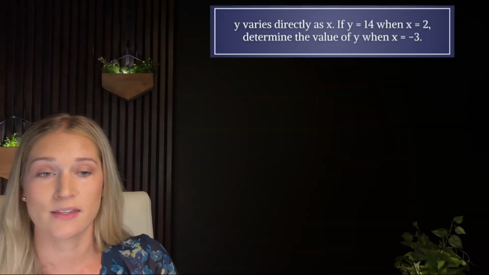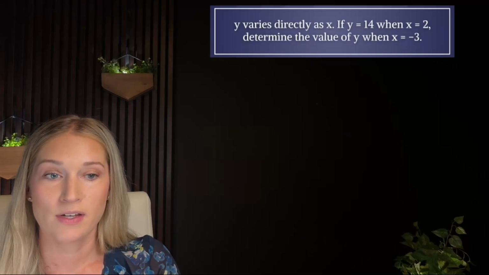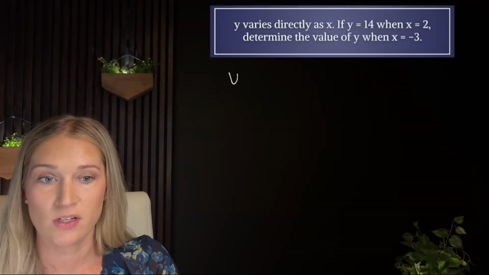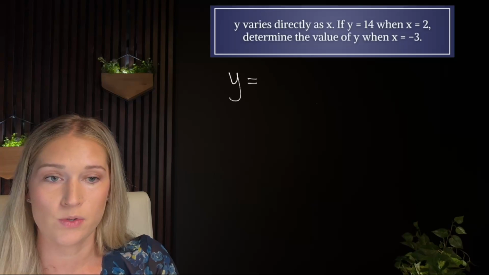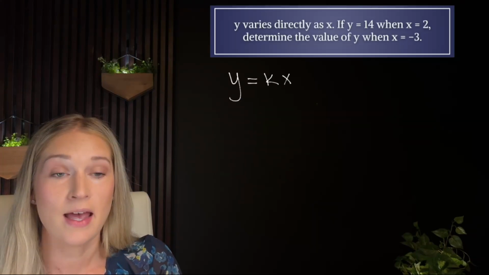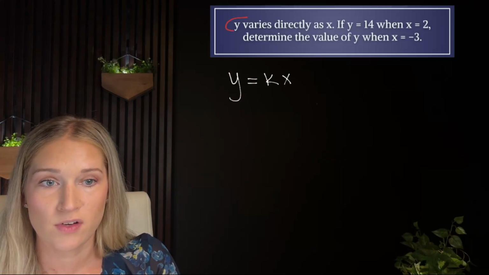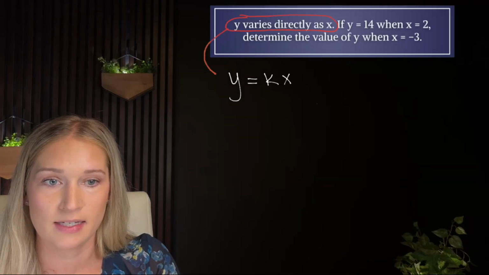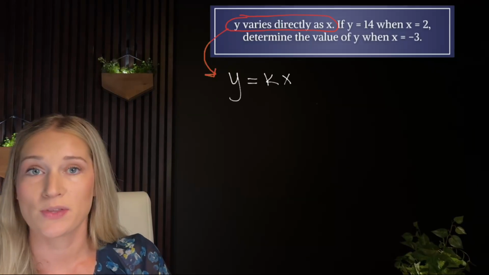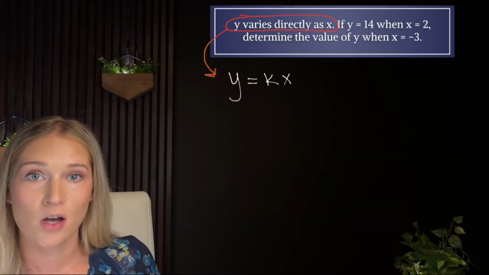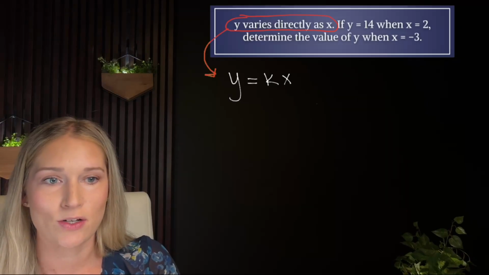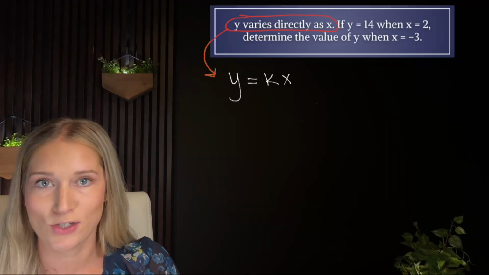So let's take a look at this one. If y varies directly as x, that means I'm going to have the equation y equals k times x. And that, again, is just from this first statement where y varies directly as x. So I know that y is equal to some constant multiplied by x. And they give me the scenario, y is 14 when x is 2.